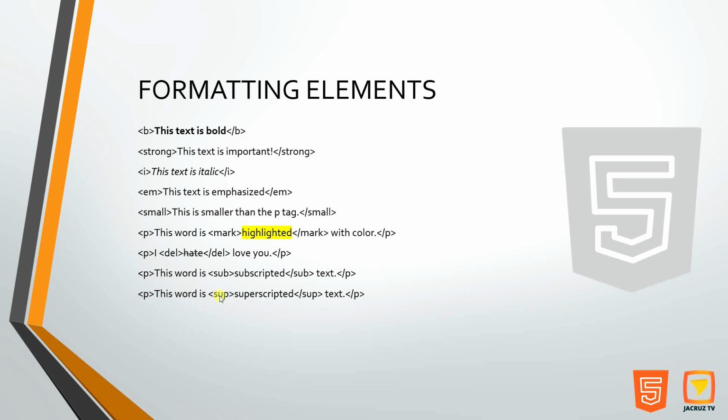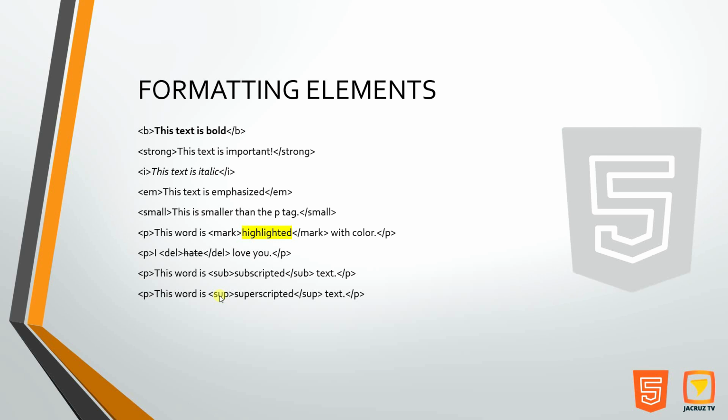For example, if we want to emphasize something, we can also use the strong element tag. It is almost similar to the bold tag, but there is a slight difference, especially when you are considering SEO or search engine optimization.